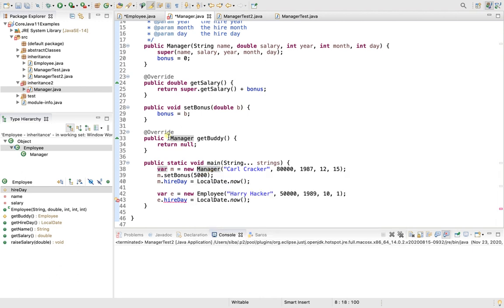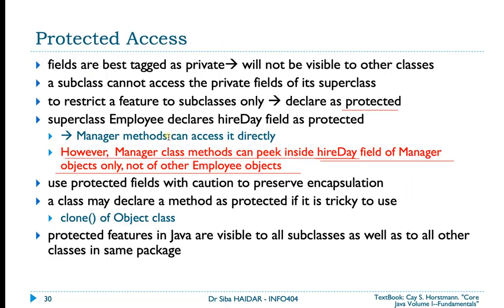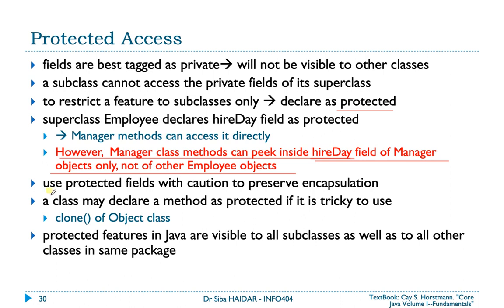And this is very, very important in the security of Java, in secure coding. Also, use protected fields with caution to preserve encapsulation. Not just because I don't want to call the super method do I use a protected field. A class may also declare a protected method if it is tricky to use.